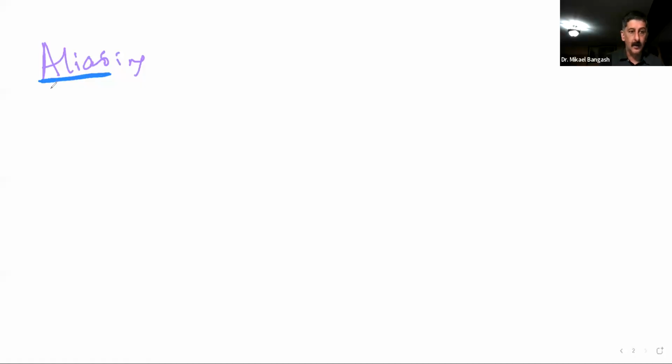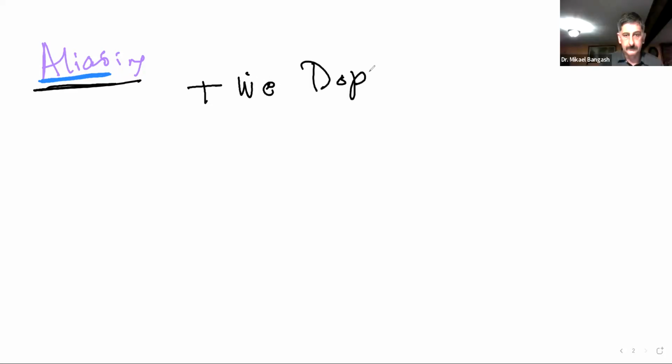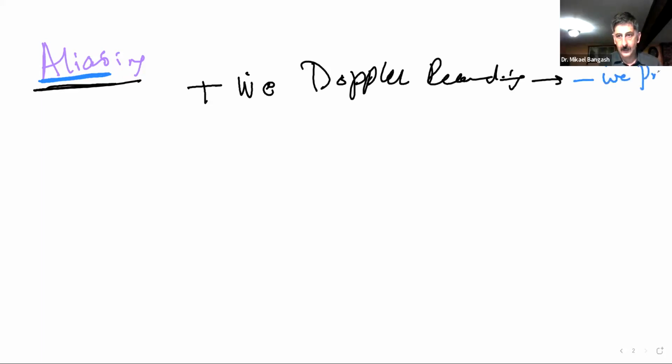So that's an aliasing. And ladies, the main reason this artifact is called aliasing is because a positive Doppler recording is going to be shown as a negative Doppler.